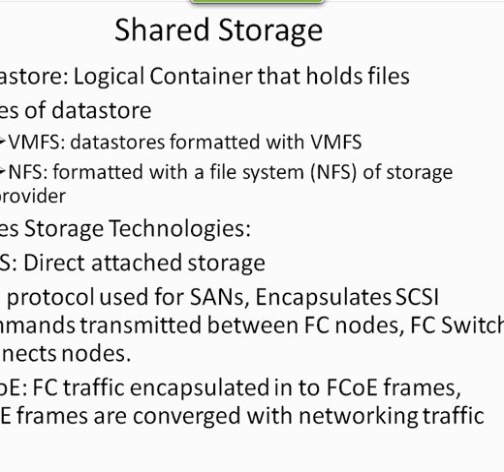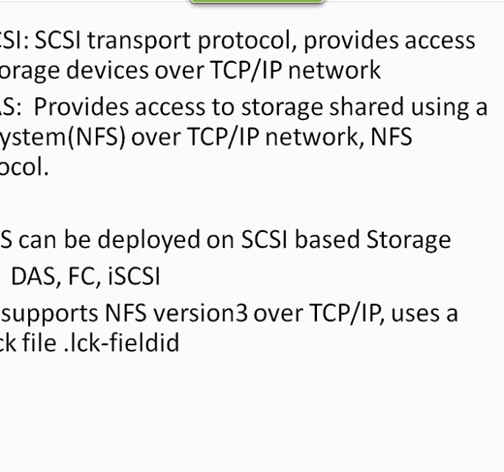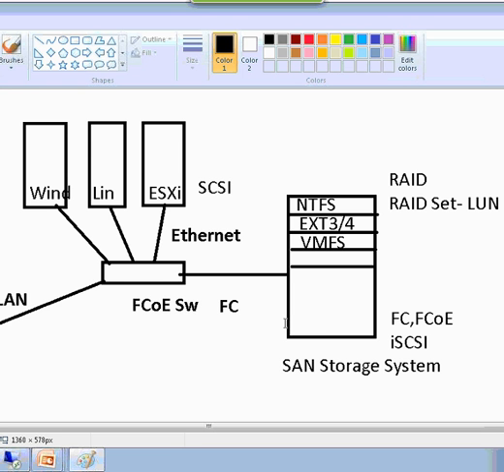Now let us talk about iSCSI. In iSCSI, the I stands for Internet SCSI here. Internet, guys, functions on which protocol? TCP/IP protocol. That means a normal Ethernet connection can be used for it. It is also a SCSI transport protocol, which provides access to the storage devices over a TCP/IP network. Suppose this storage system is not an FC storage system, it is an iSCSI storage system.